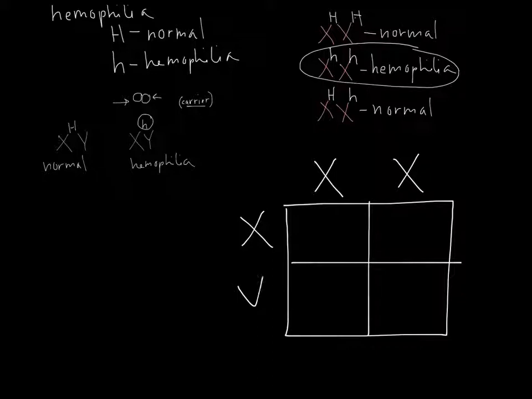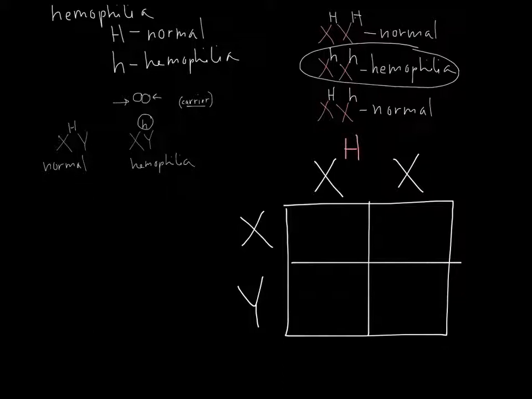So you always want to start out like this because of course you have to have a female on one side and a male on the other. There's no other possible way to have a child. So you have to have XX on one side and XY on the other. Now we can fill in our genotypes. So let's say I told you that mom is a carrier. Well, if mom is a carrier, that means she's going to have this genotype.